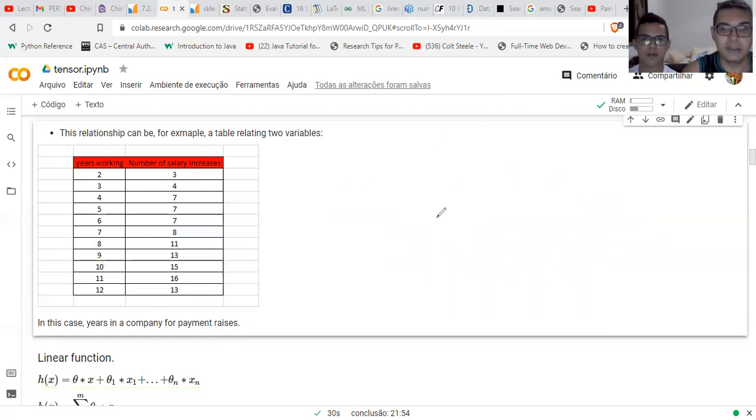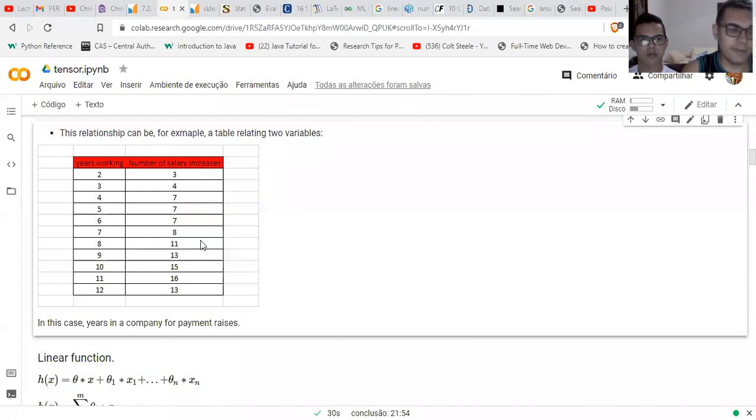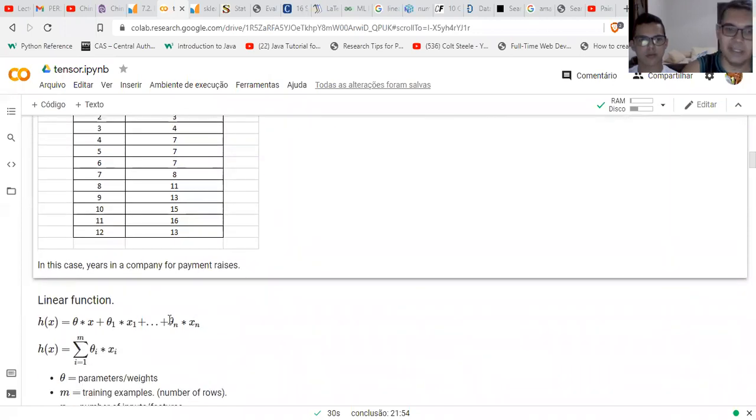So, a linear function always follows this pattern: y equals theta 0 x0 plus theta 1 x1 plus, and if you have a lot of inputs, you have a lot of x's and thetas.